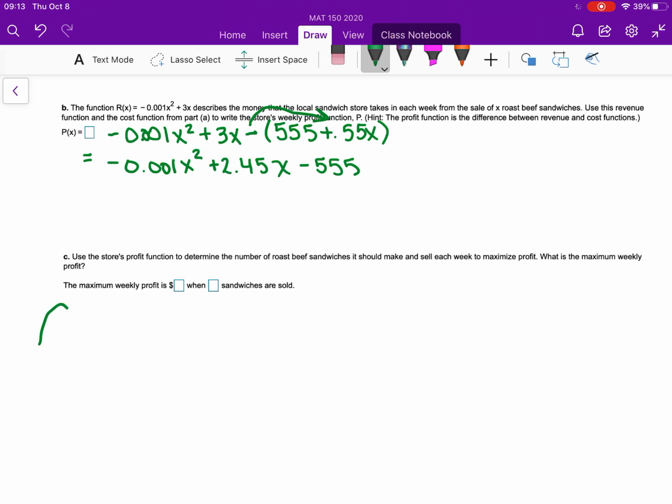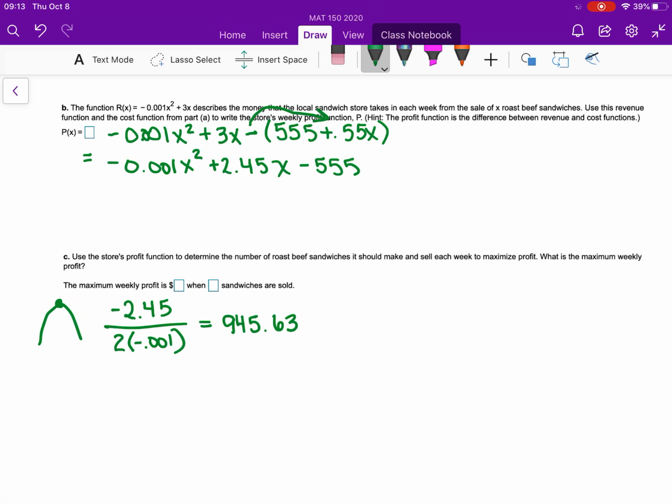Well, that's just the maximum of that quadratic function. Okay, so that's negative b over 2a. Lucky for me, I've already done this math, and it's $945.63. So make sure to round like money.